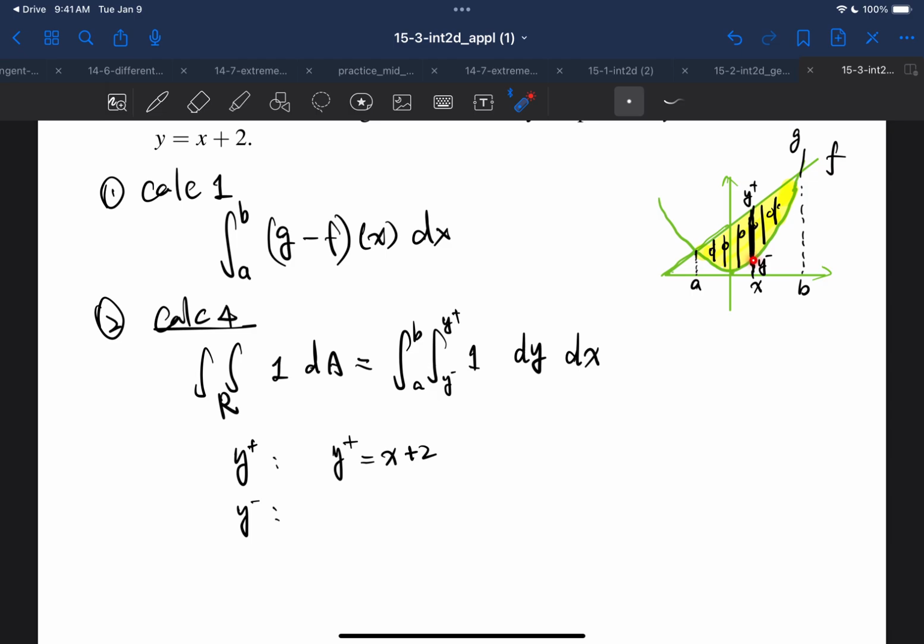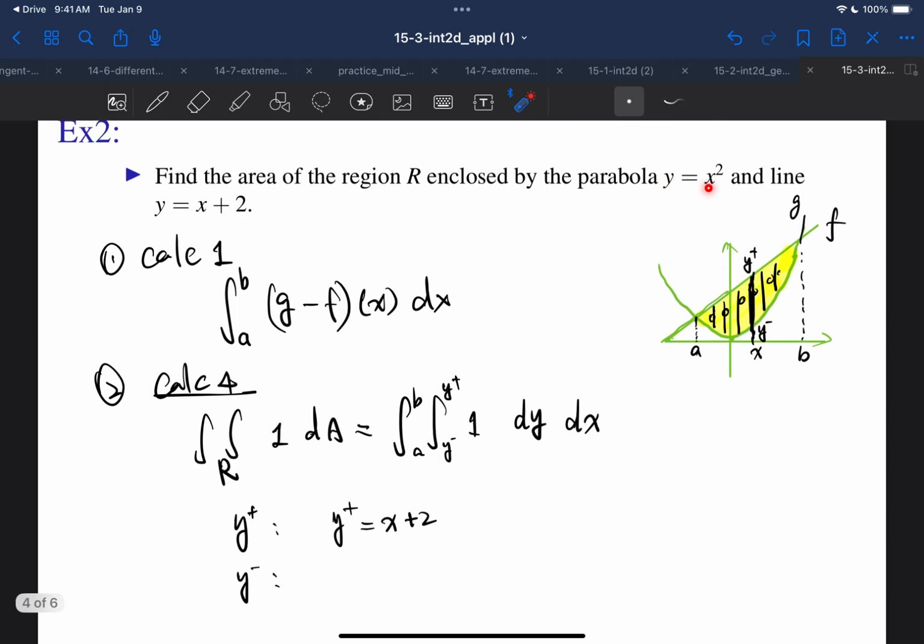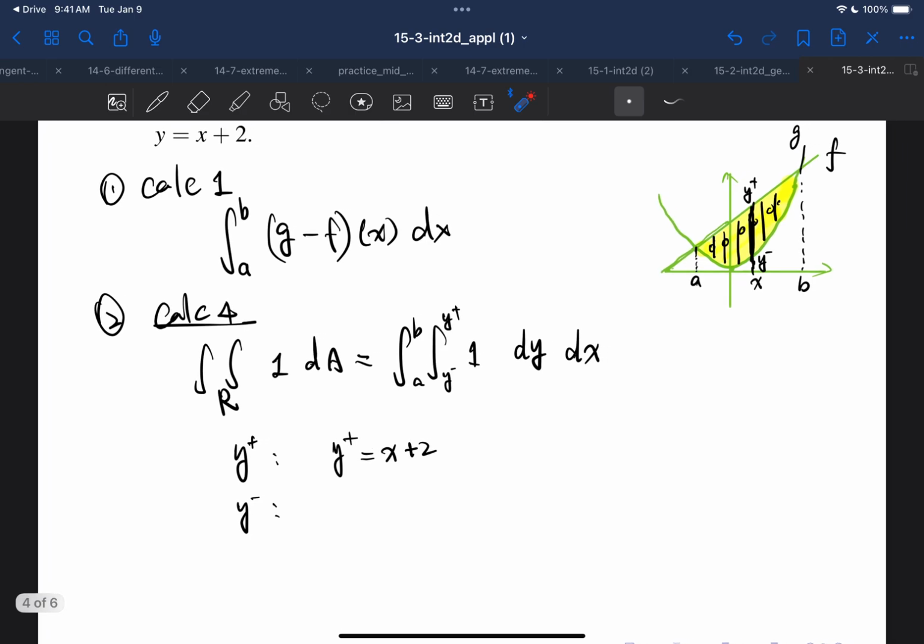The lower end of this stick is lying on the curve of g, which is the parabola y equals x squared. So y minus satisfies y minus equals x squared.